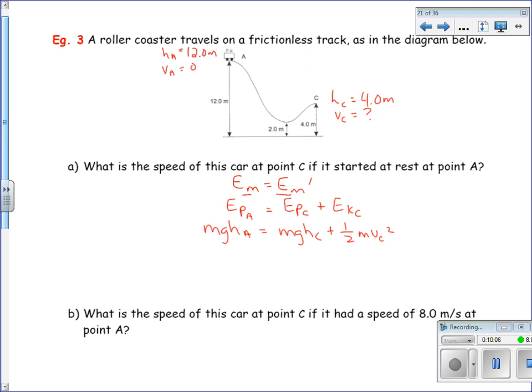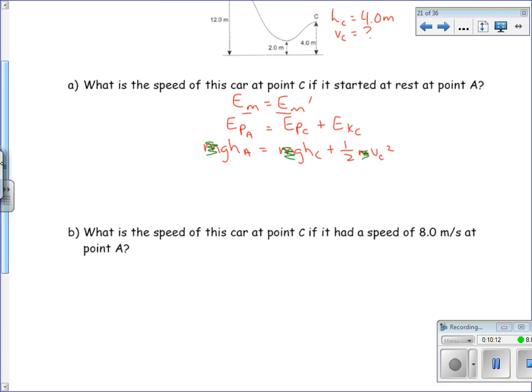So again, we can cancel the masses because we don't need them. And then we need to do some rearranging. So the first thing we need to do is subtract the potential energy from point C. So we have gHA minus gHC. That moves it over. Then we're going to multiply that by 2 and then take the square root.